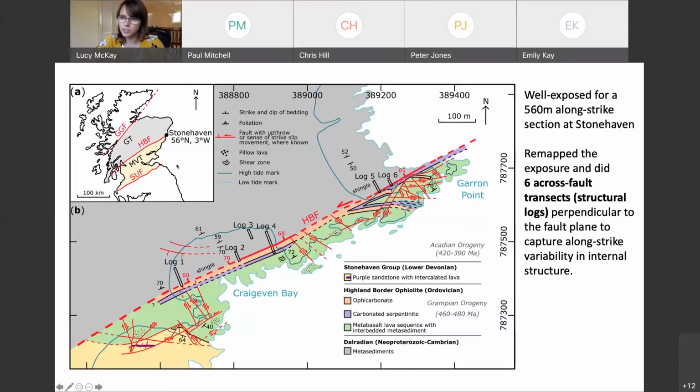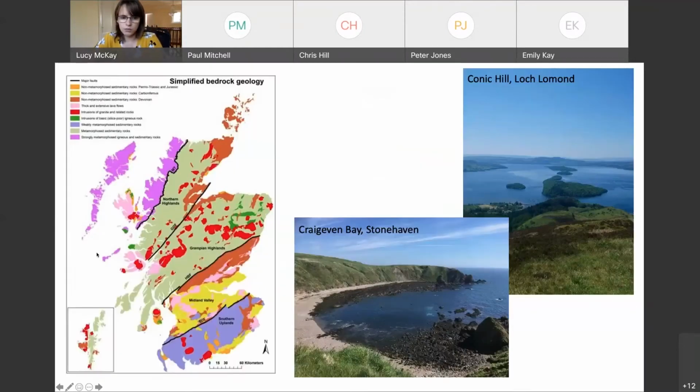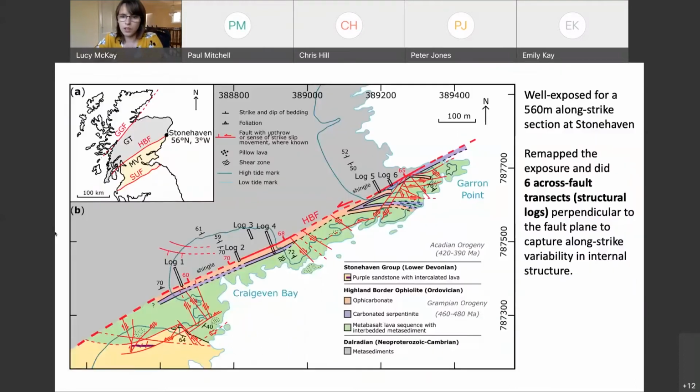And just to reiterate, in this map, shown in the grey, to the north we have the Dalradian of the Grampian Highlands, and to the south you've got the Stonehaven Group and the Highland Border Ophiolite, which is an assemblage of rocks that formed in the ocean crust, shown as the purple and orange.